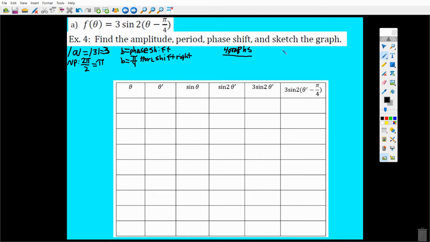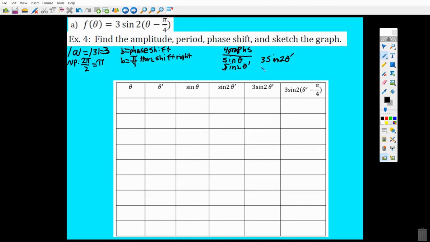So our first graph, I guess I'll put it here, is going to be sine theta. Secondly, we're going to have sine of 2 theta. We're going to have 3 sine of 2 theta.